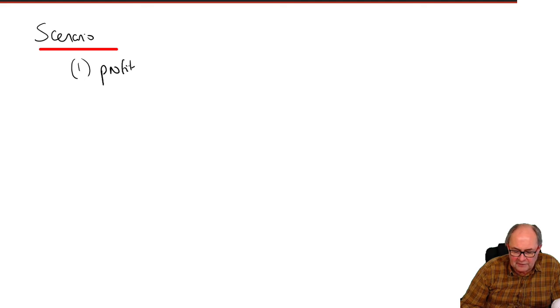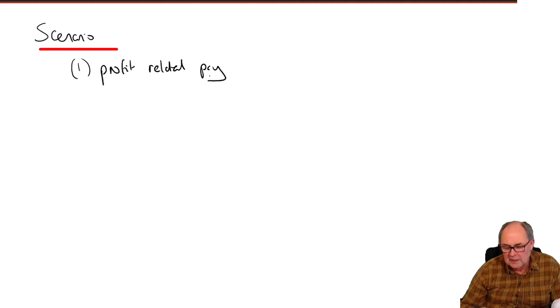So there's profit-related pay. The point about that, of course, is that it's an incentive for people to manipulate information. Secondly, so there's profit-related pay, let's say for the finance director.